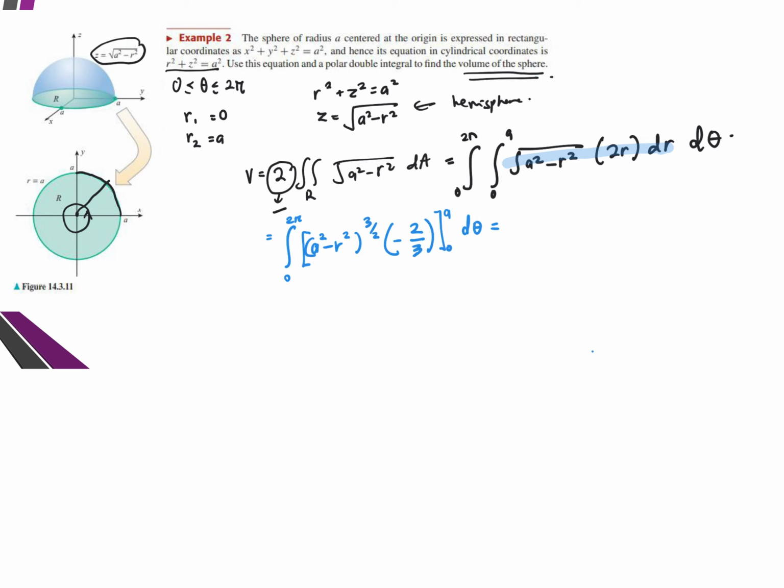Next, we substitute the value a and 0 inside this equation, and then we will get the integral from 0 to 2 pi of 2 over 3 a cubed d theta. Now we are going to integrate this one. We will get 2 over 3 a cubed theta from 0 to 2 pi. Then we substitute the value of theta here, and then we will get 4 over 3 pi a cubed.